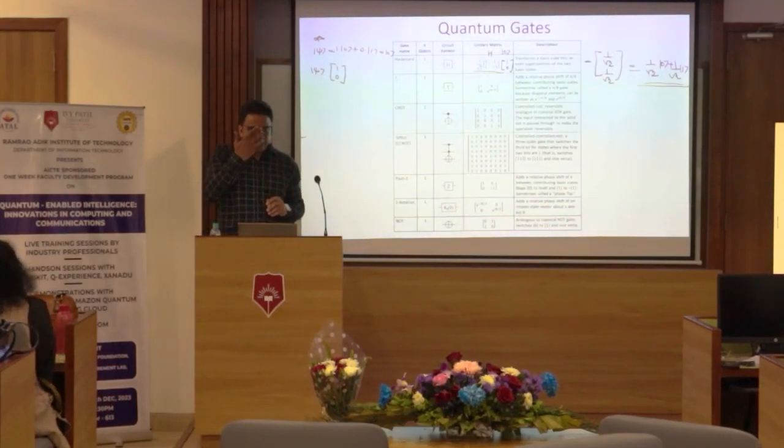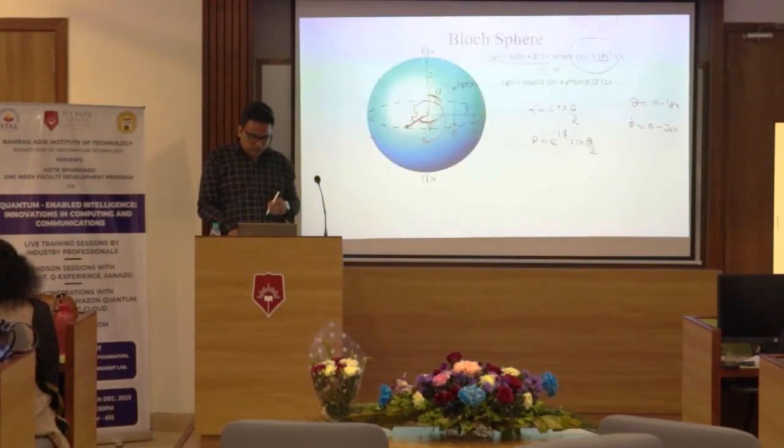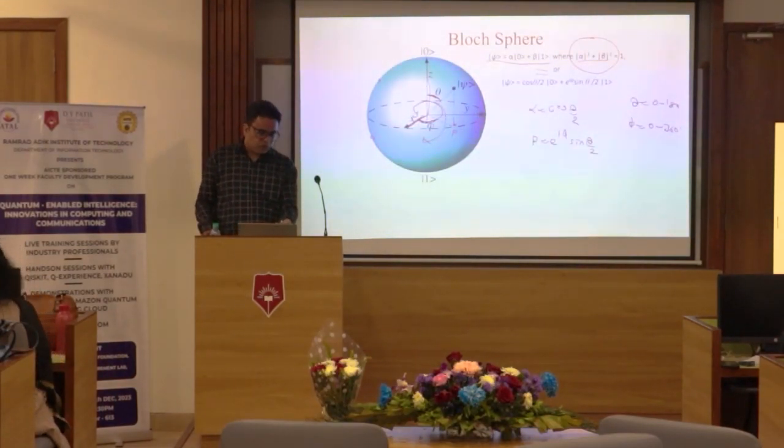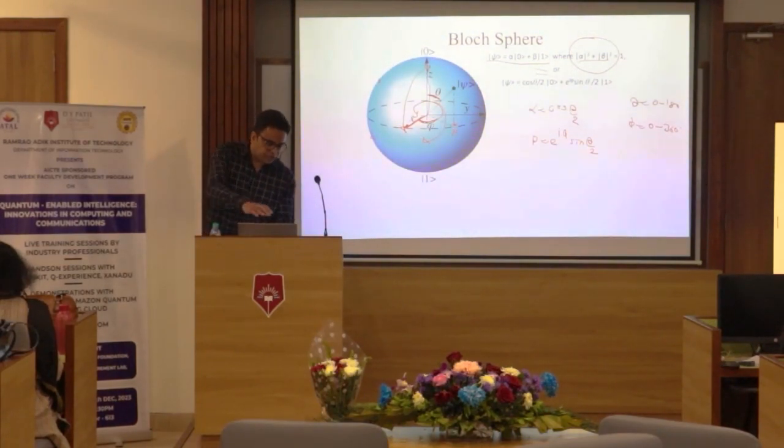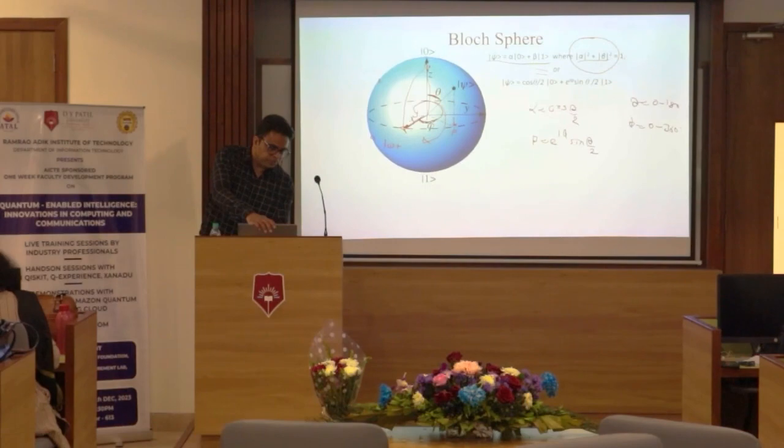Okay, and it is nothing but a rotation on the Bloch sphere. If you remember the Bloch sphere, suppose 0 is here. So what I did is, somehow I need to keep it here. So this state plus x is basically nothing but 0 plus 1 by root 2.